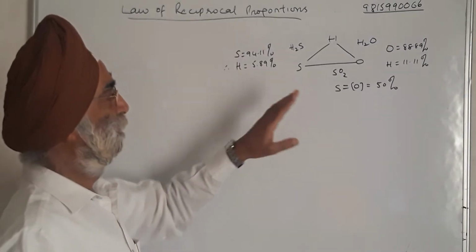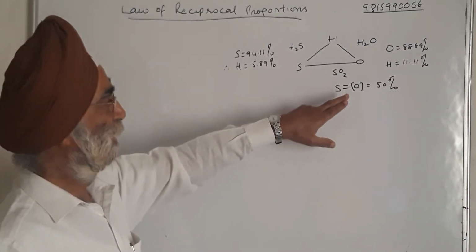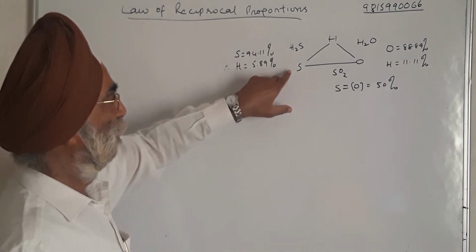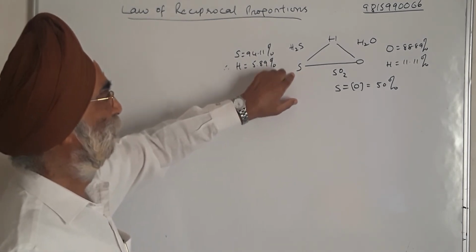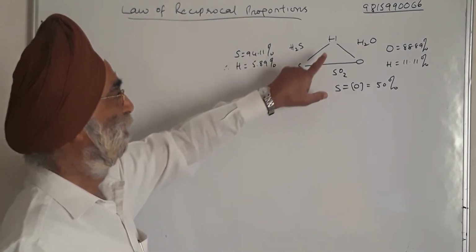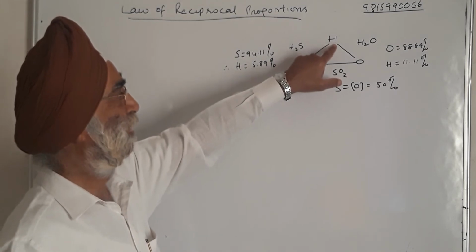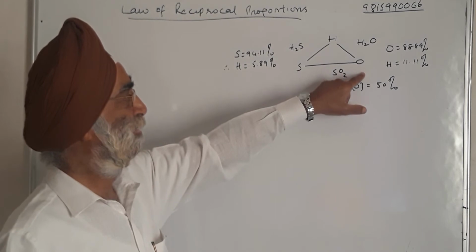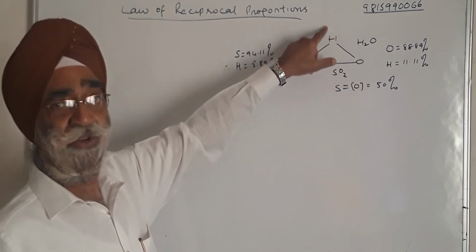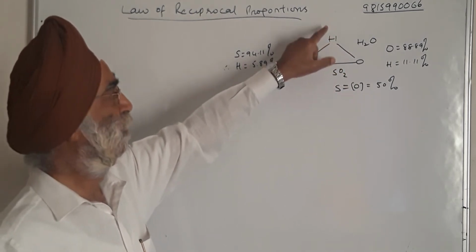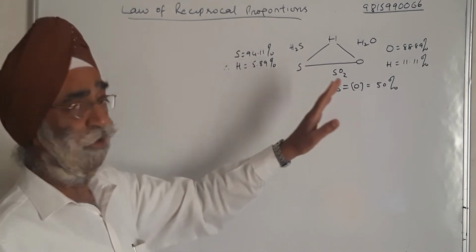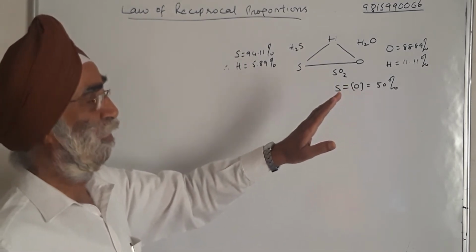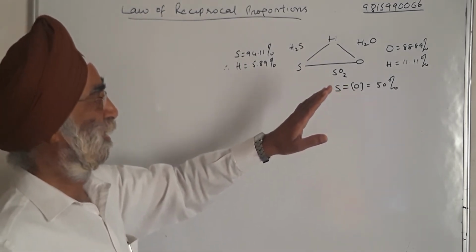We shall find out the weight of sulfur which combines with 1 atomic mass unit of hydrogen, and the weight of oxygen which combines with 1 atomic mass unit of hydrogen, and find a ratio between these two, a simple whole number ratio after rationalizing.